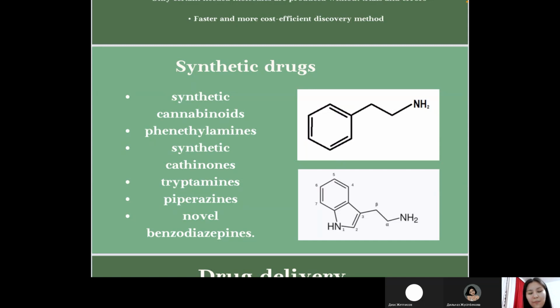The next type of synthetic drugs is the novel benzodiazepines. They represent a heterogeneous group of drugs that are increasing in number as new compounds are continuously developed, and they are being seen with increasing frequency in forensic and drug programs as drugs of abuse in recent years.